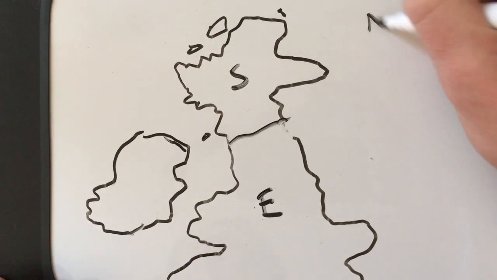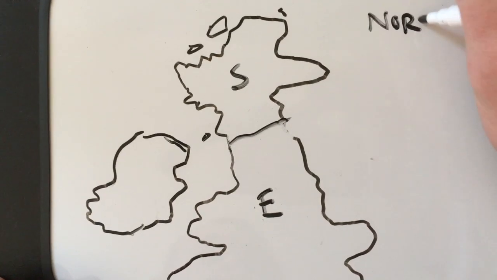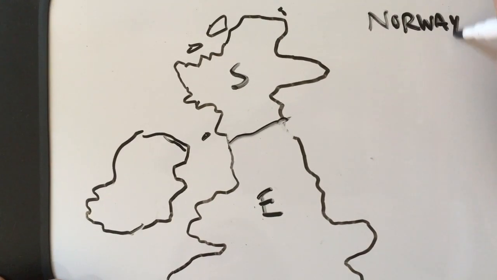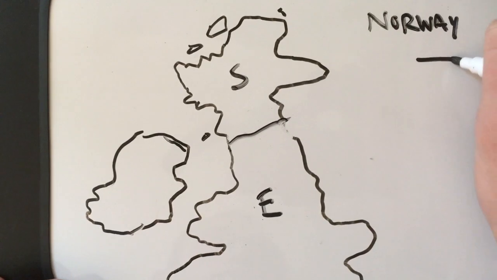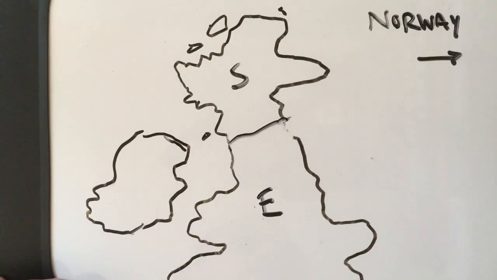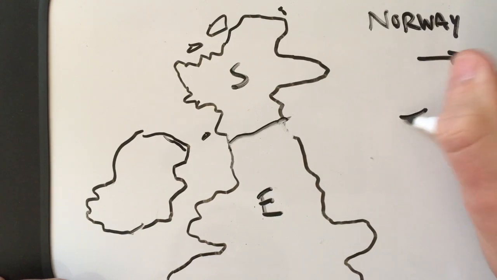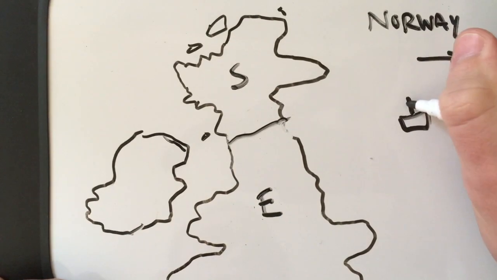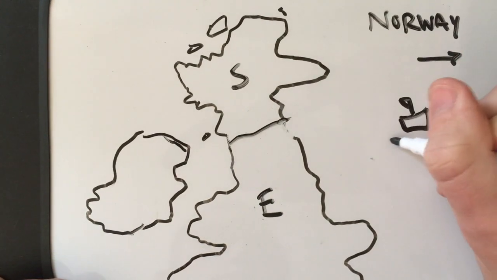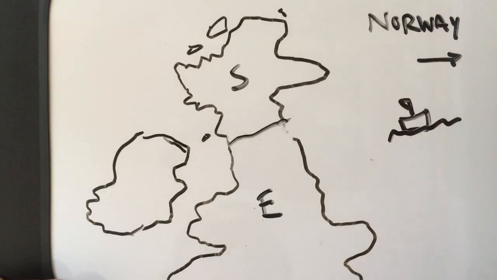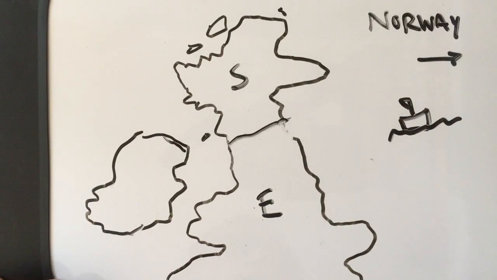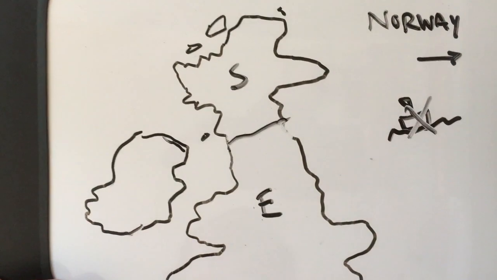So this is before anyone had airplanes or anything like that, so Norway is somewhere off the map over in this direction, and the only way to get back to Scotland was to sail in a ship. And for this 7-year-old girl on this voyage across the sea, unfortunately, she became ill, very sick in fact. And while she was on the voyage, the 7-year-old girl, Margaret, ends up dying.